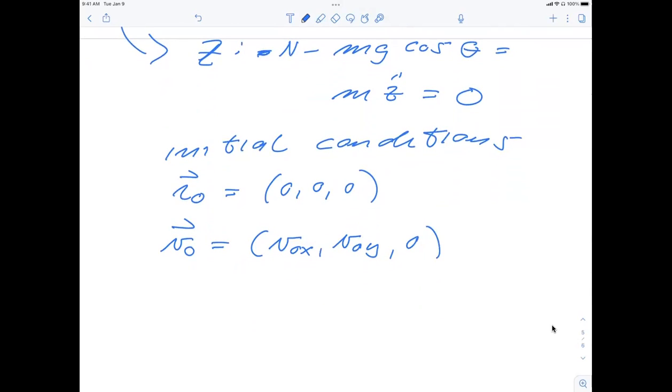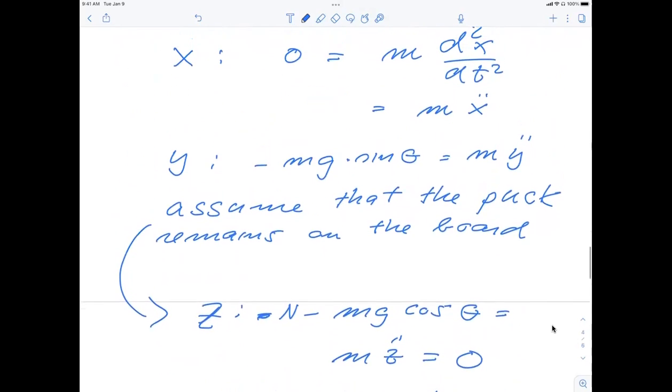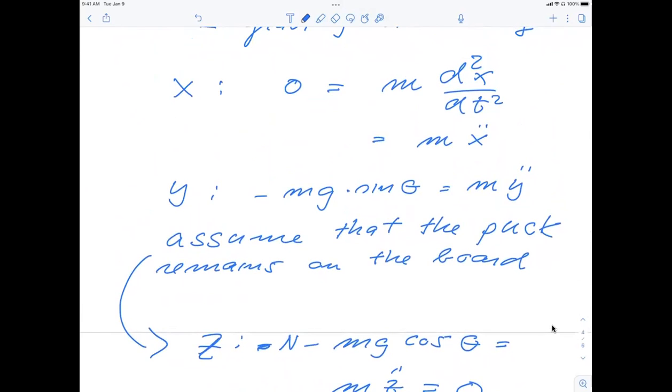Without doing any calculations, if you now look at the differential equations we have, let's bring that up. We have one for the z direction, one for the y direction, and one for the x direction. We have an initial velocity in the x direction. If you think of integrating up the equations in the x direction, what kind of velocity would you get?